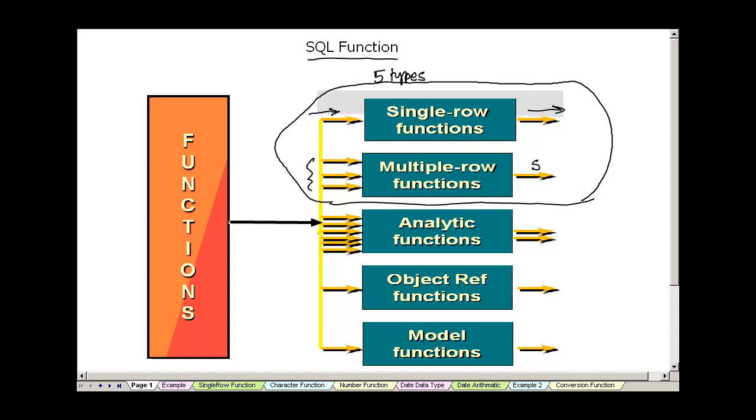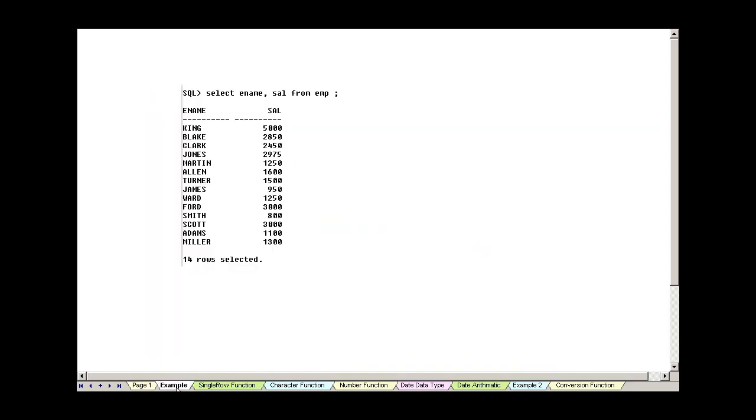All right, let's see an example. Why do you need a function? Let's say my data set is something like this. Whenever I do a select ename, sal from EMP, I'm getting data like this. I ask you two questions. Can you give me a report where I can get the employee name in lowercase?